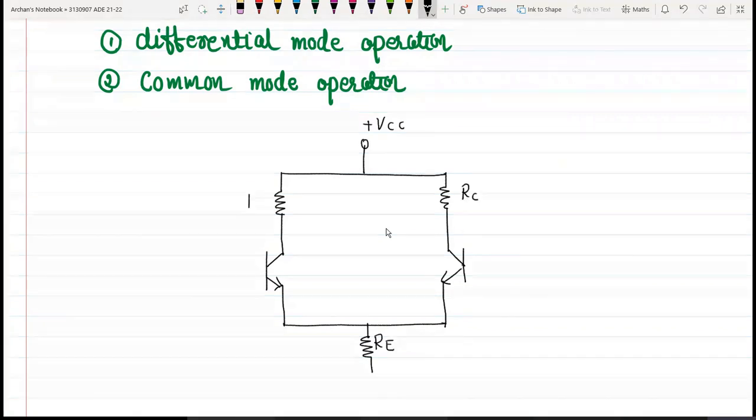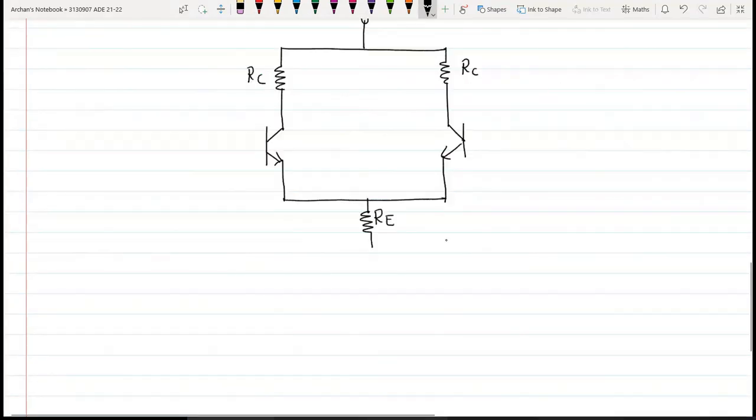This is collector resistance RC. Now, the input needs to be given to the base of transistor Q1 and to the base of transistor Q2. Both have their own source resistances RS1 and RS2.